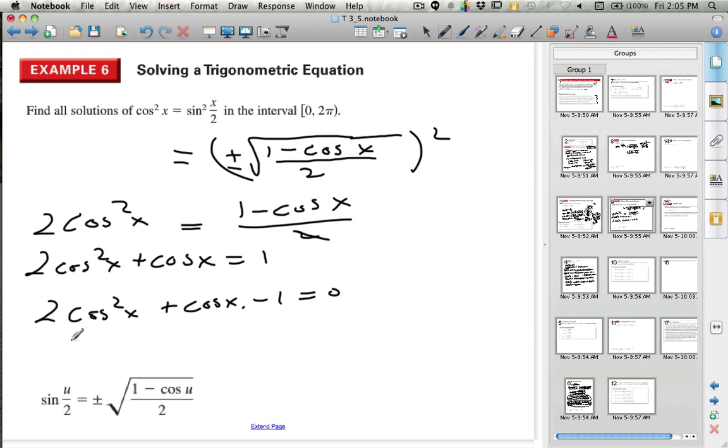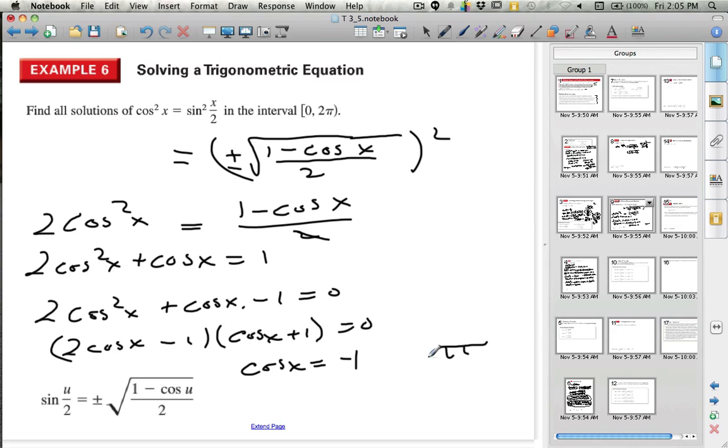If I factor this, I'm going to have 2 cosine x minus 1 times cosine of x plus 1 equals 0. And if I set them each to be equal to 0, I'll have cosine of x is equal to negative 1. So in this case, where cosine is negative 1, that's at pi.